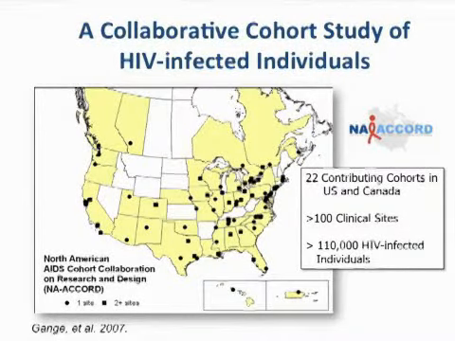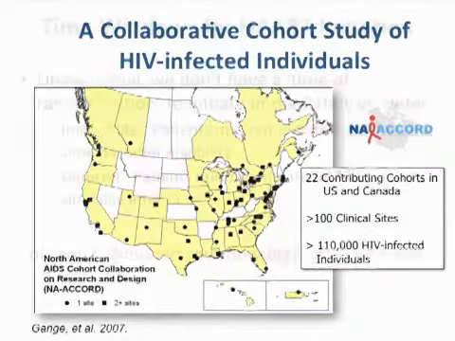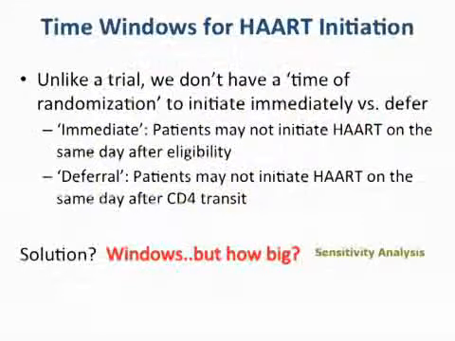We had good representation. We have a large number of people. We're using data from cohorts that are ascertaining mortality and have good collection of exposure information, biomarker data, and outcomes. So we have all the components.